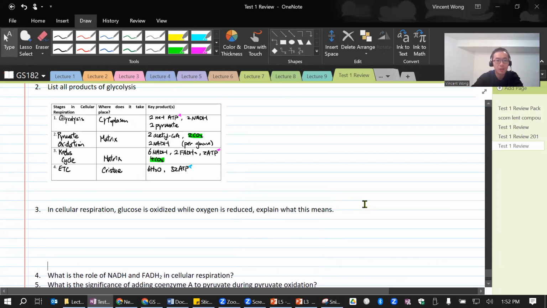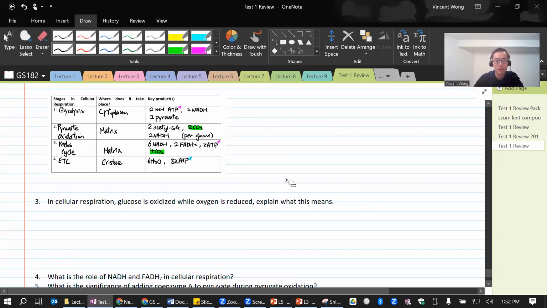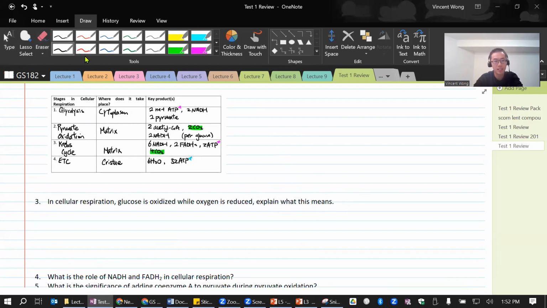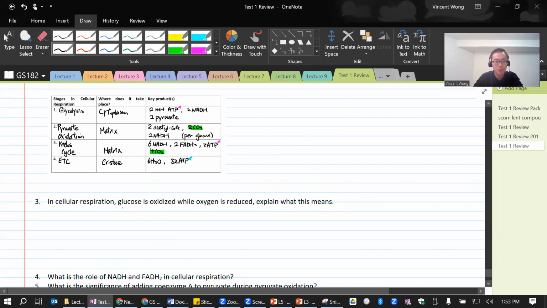In cellular respiration, glucose is oxidized while oxygen is reduced. Explain what this means. This is the thing that I've repeated to you multiple times. Glucose, we're gonna release electrons, right? These electrons will be picked up by NAD and FAD, and then these will carry the electrons to the electron transport chain.